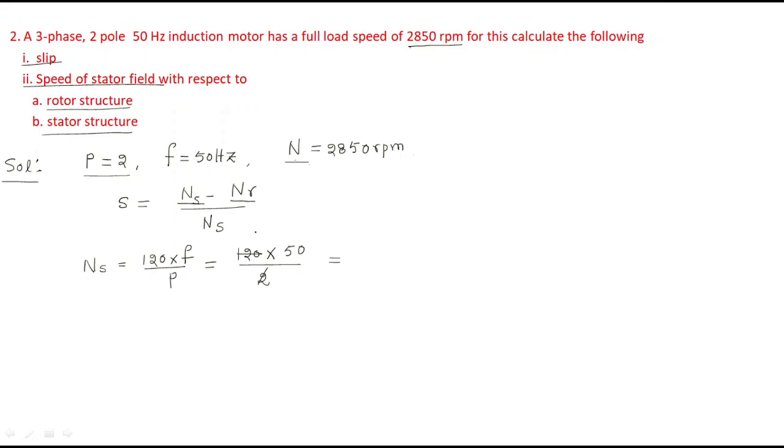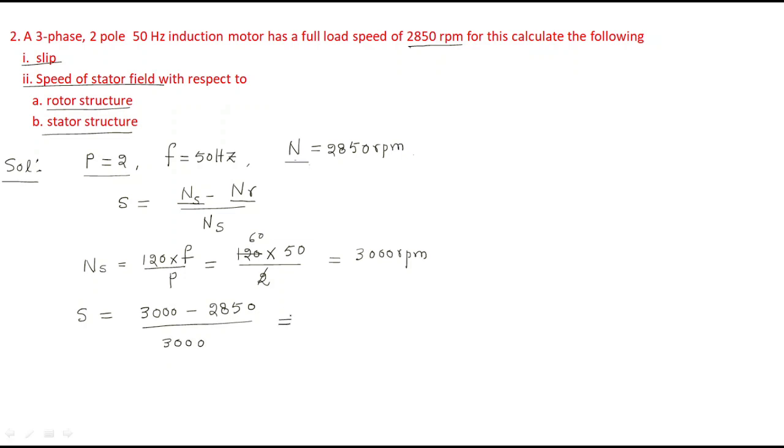Then 120 times 50 divided by 2 gives 3000 rpm. This is the 3000 rpm. Therefore, from that we can find out the slip value. Slip value equals (3000 minus rotor speed 2850) divided by 3000.